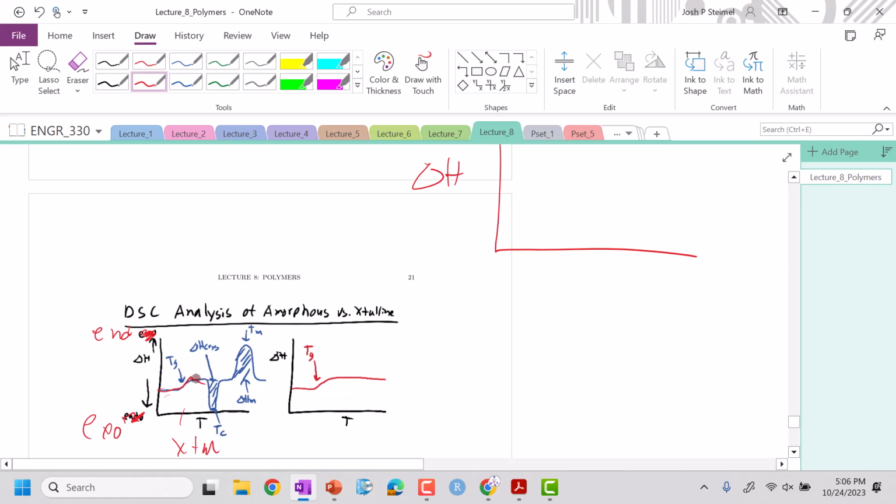You'll see here for this particular crystalline polymer, this doesn't happen for every crystalline polymer, we actually go through an exothermic reaction. That's the enthalpy of recrystallization, and this temperature is the recrystallization temperature. As those polymers move around, they start to form lamellar structures and recrystallize. That's an exothermic reaction because they're releasing heat.